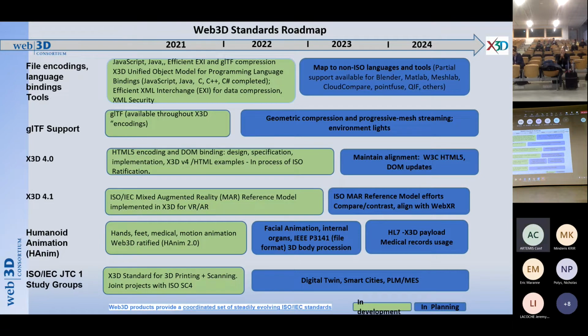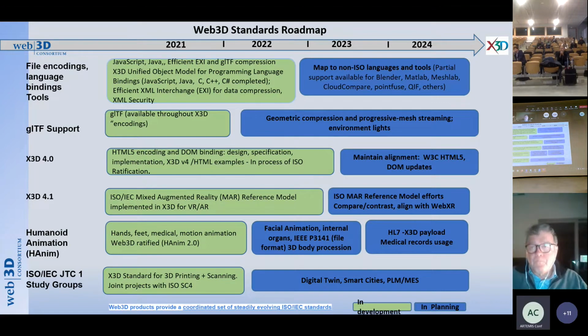One thing I should also mention about this liaison activity: if you are a large company with an infrastructure, thinking about digital twins, smart cities, these ISO standards become very important.